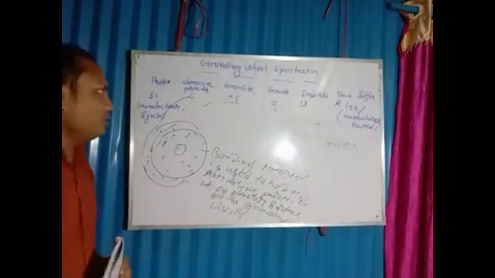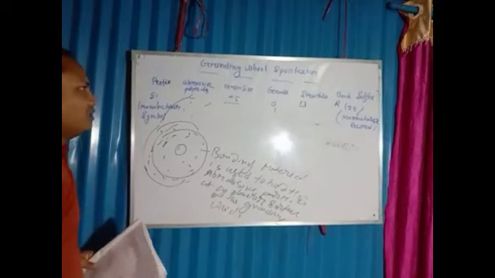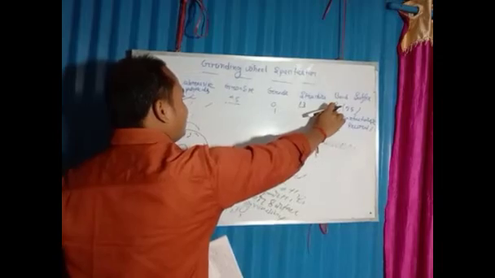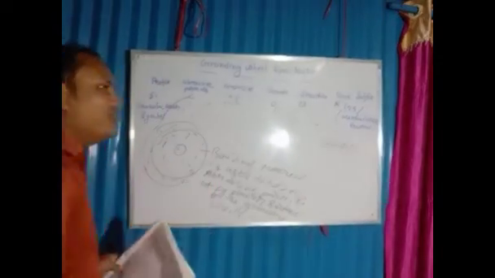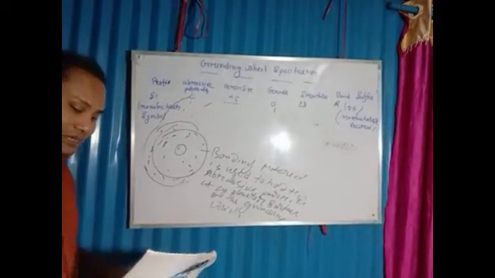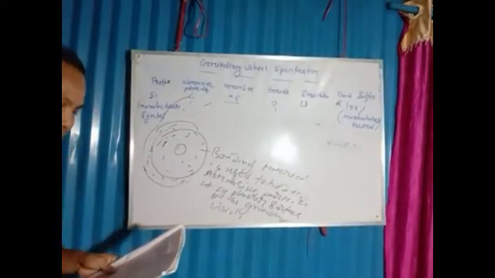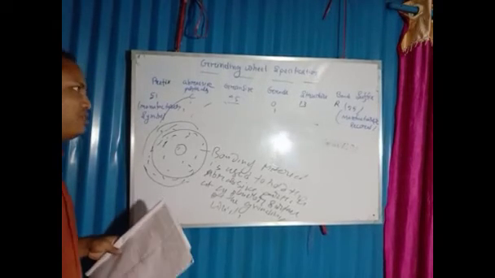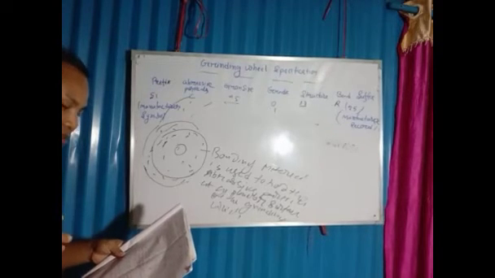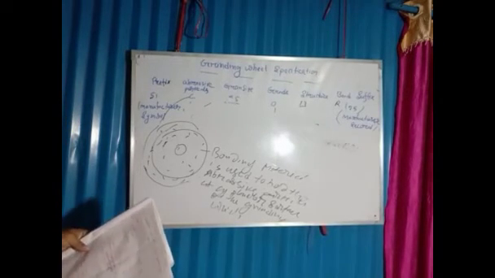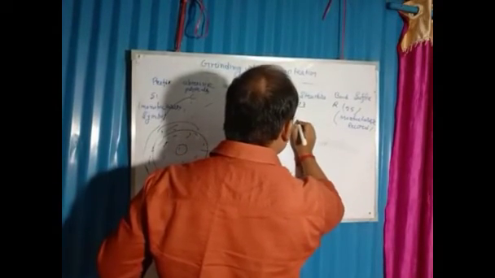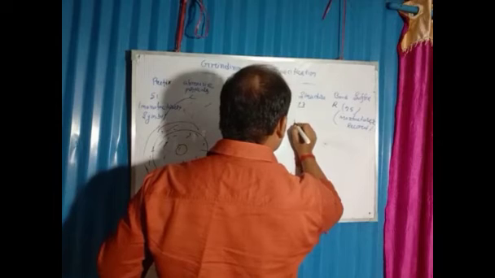Here R denotes the bond. Which type of bonding material is used? There are many types of bonding materials: vitrified bond, silicate bond, rubber bond, oxychloride bond.